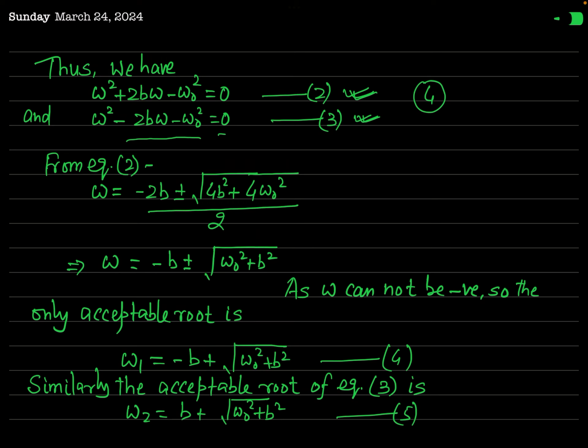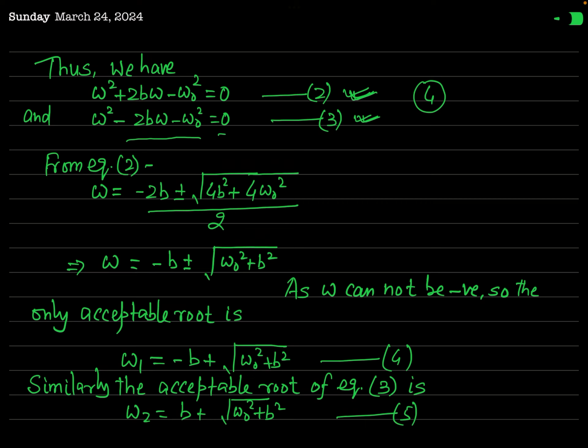But when you solve these two equations, you will see that one of the roots of equation 2 and also of equation 3 will not be acceptable, because omega, which is frequency, can never be negative. When we solve these quadratic equations, we will see that one of the values of omega will be negative, which cannot be accepted because frequency is never negative. So the solution of equation 2 will give only one acceptable value of omega, and the solution of 3 will also give only one acceptable value of omega.